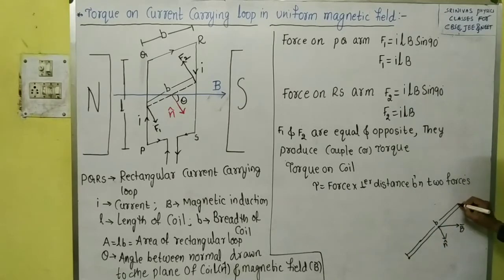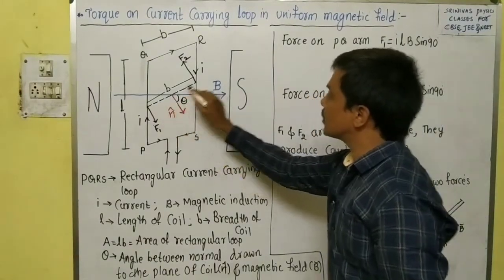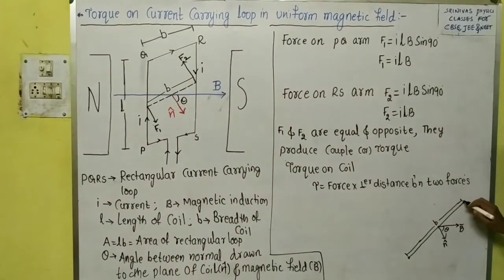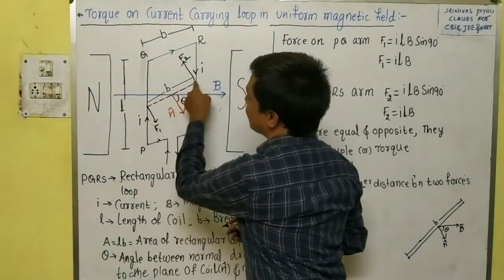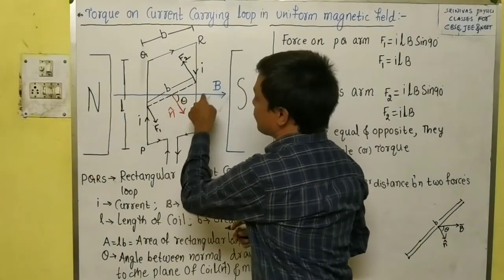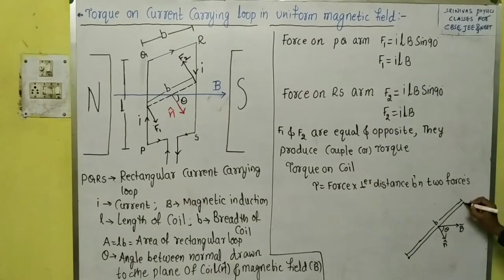This angle is theta, we know already. B is right side, n cap, and this small b. Small b is the breadth of the coil, capital B is the magnetic field. This line I am drawing, and the next n cap, and angle between them is theta, right? What about the force on this side?